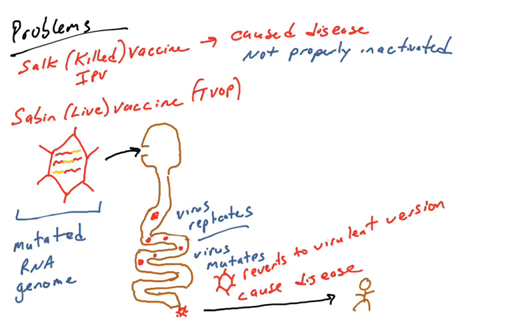But it is possible for the live attenuated version of the polio vaccine to mutate back to the virulent version. And this is why the Sabin vaccine is sometimes not used in countries where polio is not endemic. It is much easier to administer the live attenuated vaccine, but there is a very, very small risk of mutating back to the virulent version.